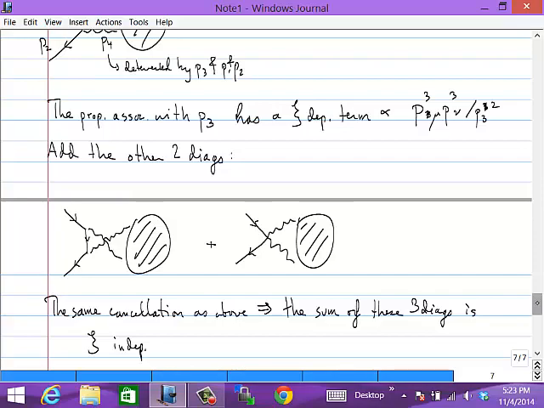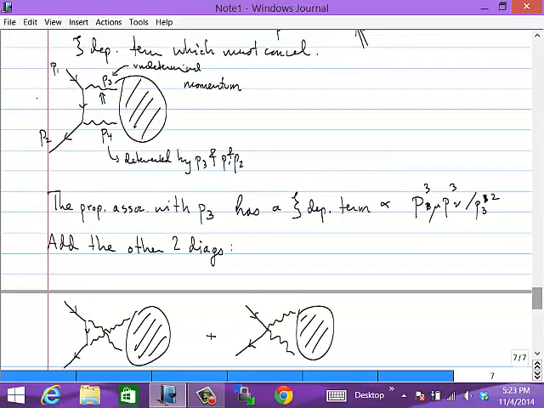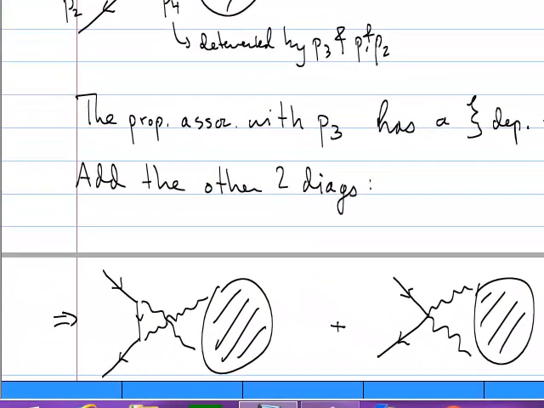In particular, if you just imagined summing up this diagram here, and this diagram here, what will you get? You'll get exactly what we called MT plus MU plus M4. In general, that's going to be non-zero. It'll give you some contribution to this process.